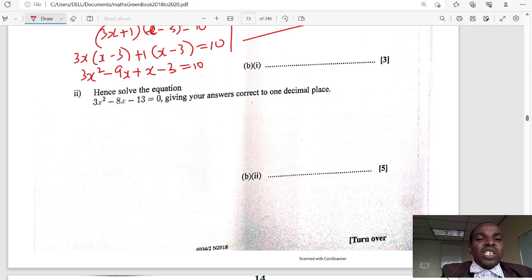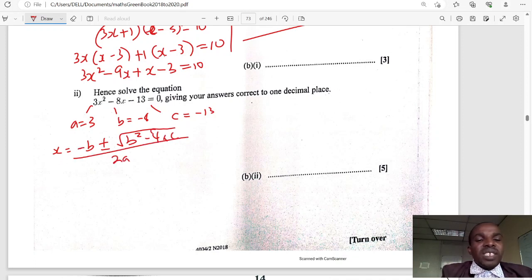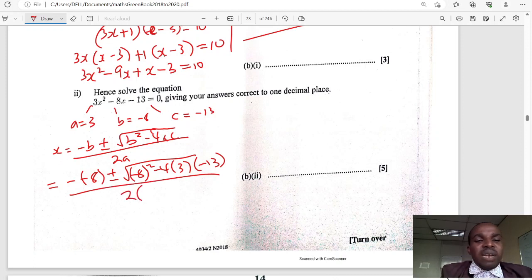So you just use the quadratic formula. So you say a is equals to 3, b is equals to minus 8, then c is equals to minus 13. Then you can use x is equals to minus b plus or minus square root of b squared minus 4ac, over 2a. Right. Then you can say minus b is minus 8 plus or minus square root of b squared is minus 8 squared, then minus 4 times a times c, where c is negative 13, over 2a, 2 times 3.